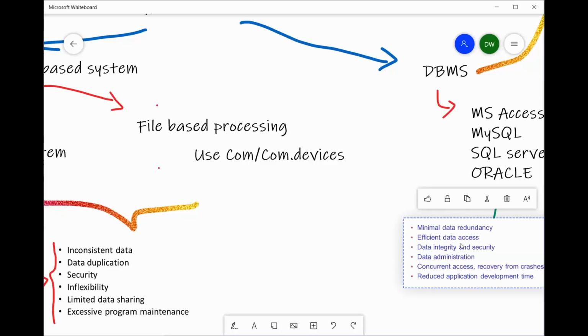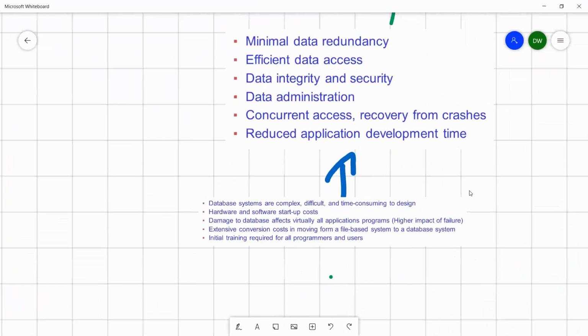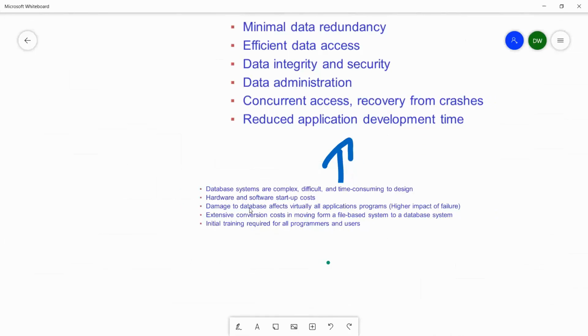We can efficiently access data because these database management systems are designed that way, right? Therefore, there are certain advantages, and at the same time, we have a number of disadvantages as well. So here you have these disadvantages.